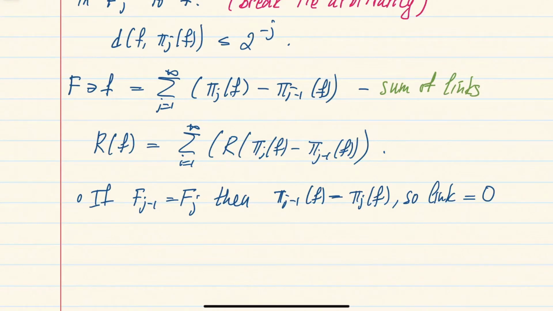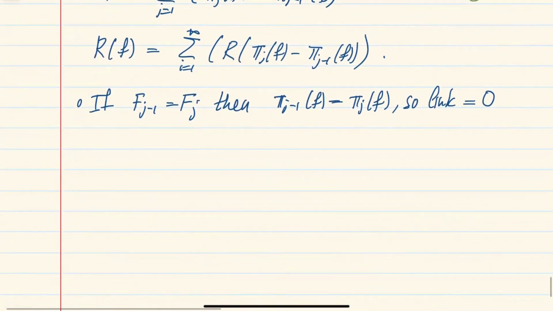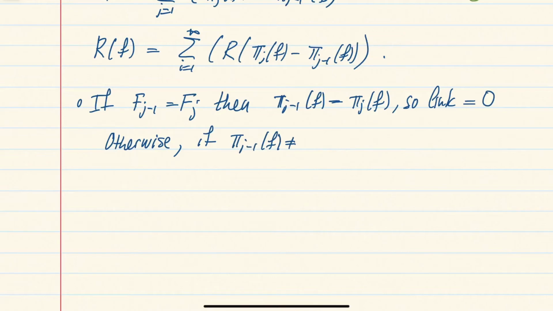Okay, and to see that this is the case, well, you can just notice that otherwise, by contradiction, if you suppose that for some function these two projections are not equal, then what does it imply? Well, first of all, because both of them belong to f_{j-1}, by definition, the distance between them should be at least 2 to the minus (j-1).